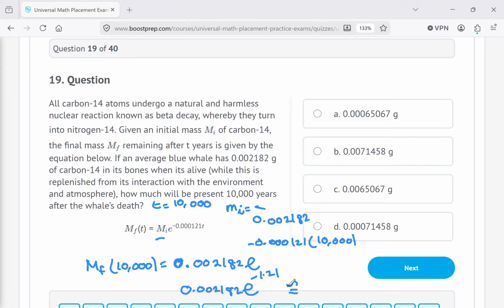So if you put that in, that's going to be 0.006506.